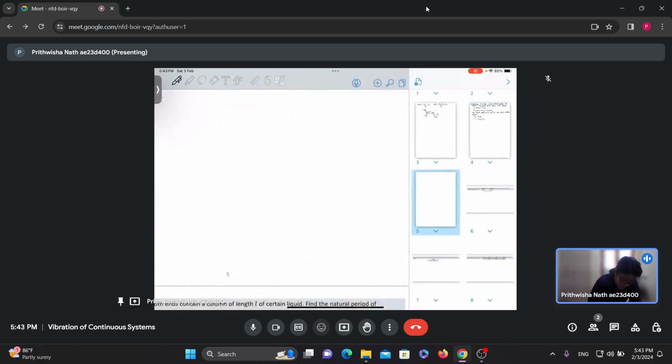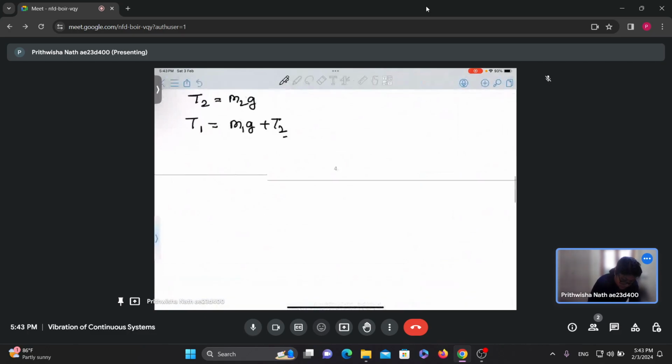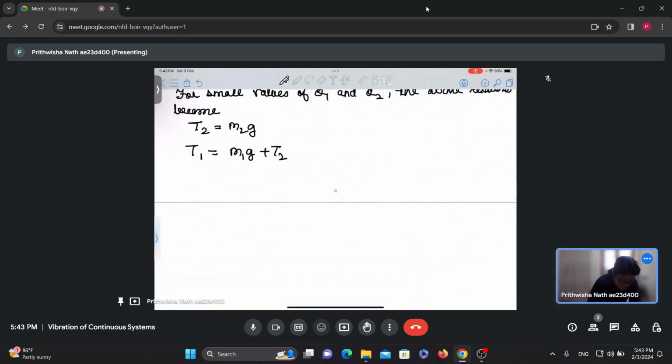Now I substitute M2G in place of T2. So the equation becomes M1G plus M2G, that is equal to M1 plus M2 into G.